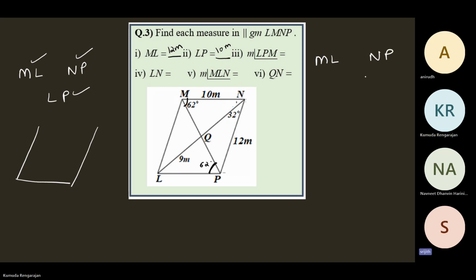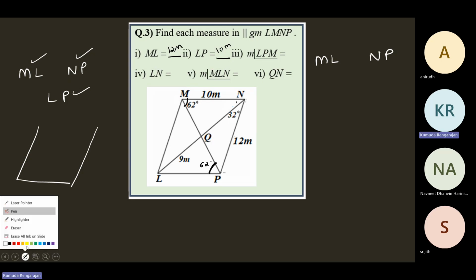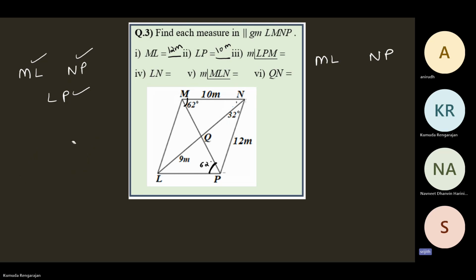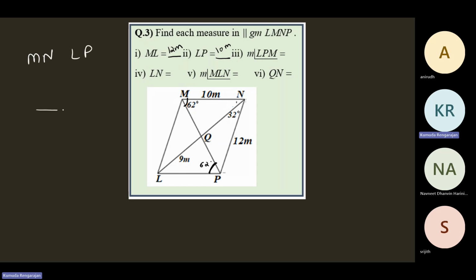Okay, no. Then which are the parallel lines? LP and MN, ma'am. Now you people have changed your answer. MN is here, LP is here. So which is the transversal? LN, ma'am. MP is transversal, ma'am.